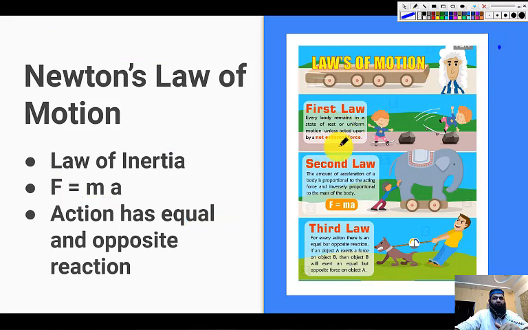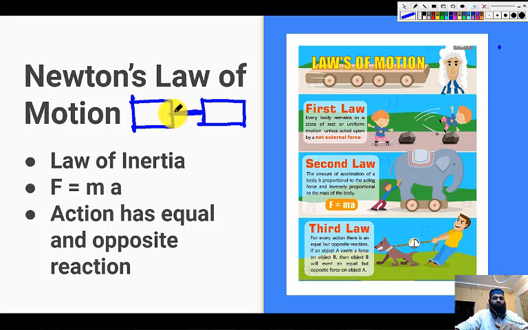So in some sense the second law of Newton is very, very deep if we understand it truly. Okay, so the next is the third law of Newton, which basically says that action has equal and opposite reaction. What do I mean? We have two objects, object A and object B, and they are tied with a knot.